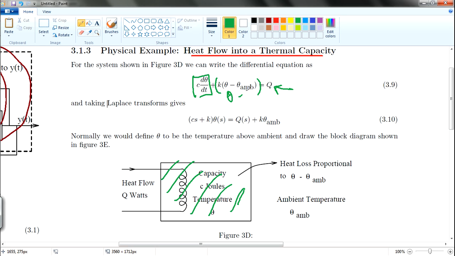Hot energy will flow to the cold side, right? So if this is hotter than the surrounding temperature, eventually there will be a heat loss to the surrounding. Therefore, there will be heat losses over here. As you can see, this equation is something you need to think a lot about in order to derive.